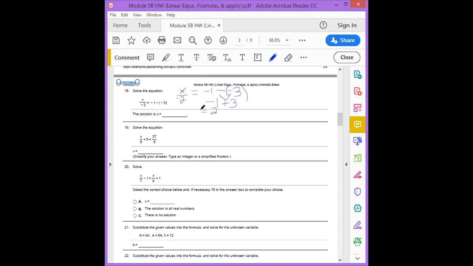Bring down the equal sign. And remember, on the left, we have x over -2. So in order to solve this equation for x, we're going to perform the opposite operation. And the opposite of dividing by -2 is to multiply both sides of the equation by -2.